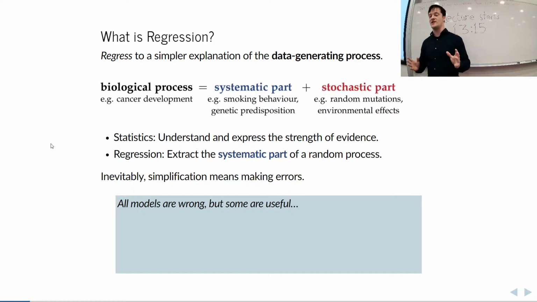Your data can only tell you under which model it was more likely generated. So statistics cannot give you the answer to how a process actually works. But that's not necessary, because it can still be very useful. If you can make good predictions, or estimate an effect very robustly, then it doesn't matter that the model's wrong. It's still useful.